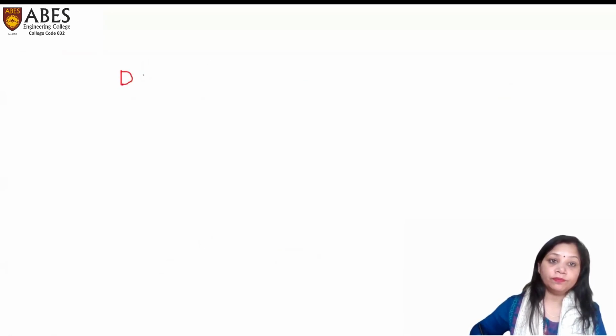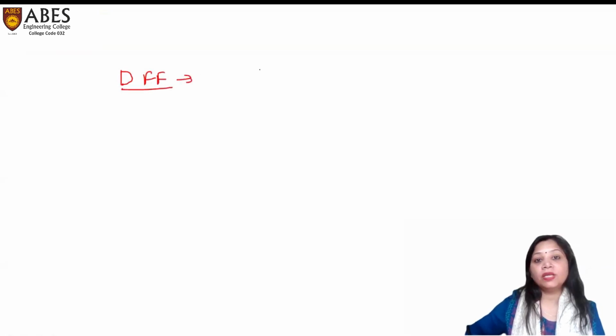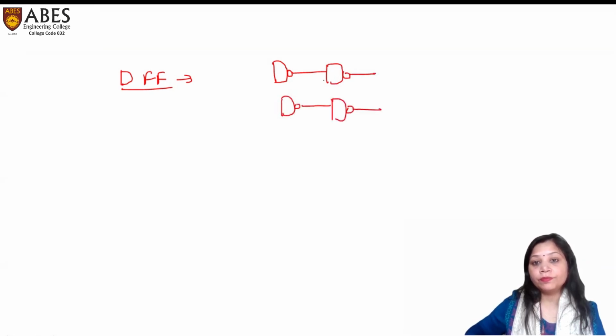D flip flop. In D flip flop, we connect the NOT gate between the S and the R inputs. First of all, we are making the SR flip flop. These are connected to clock.